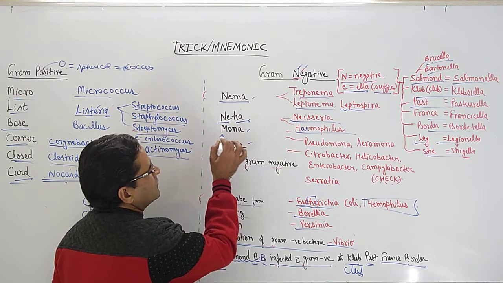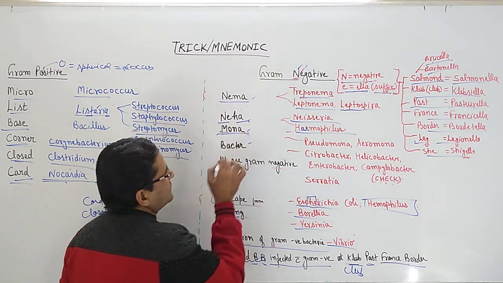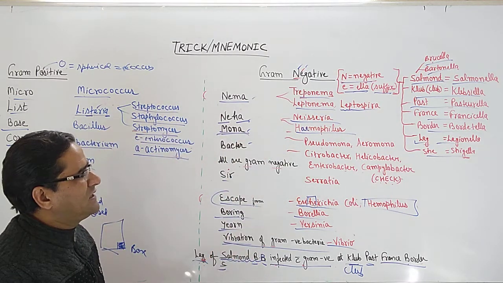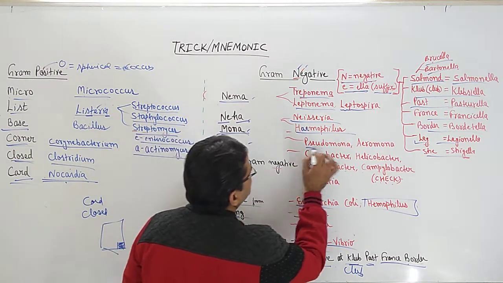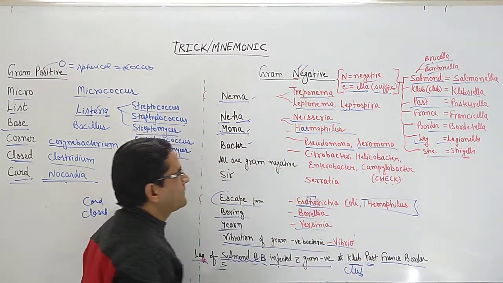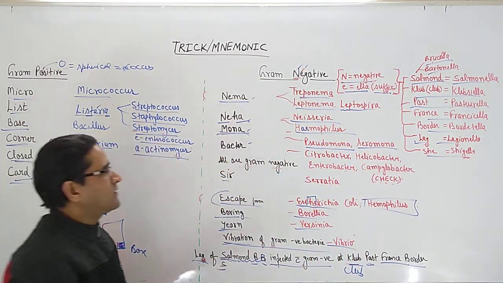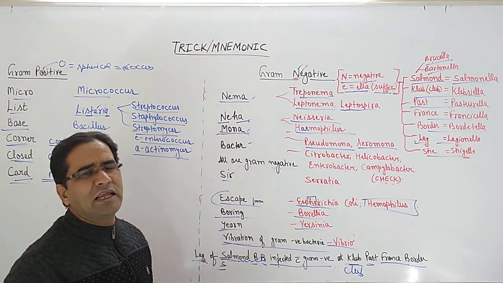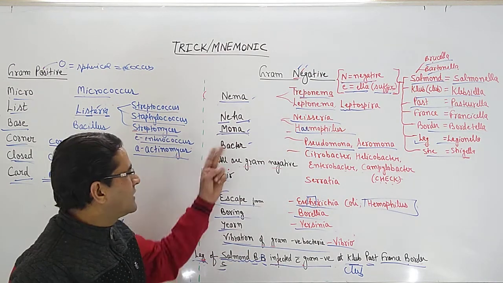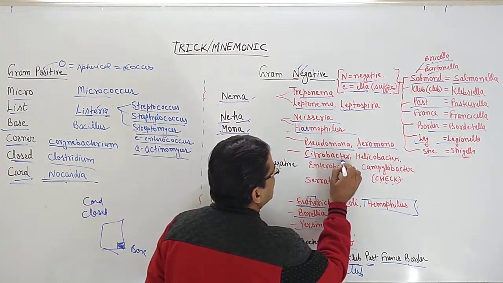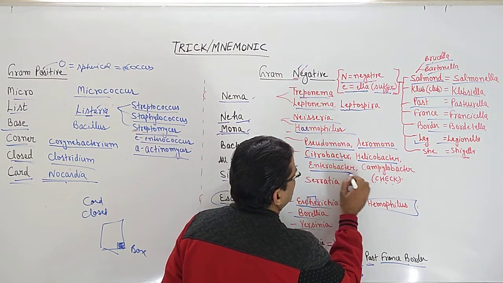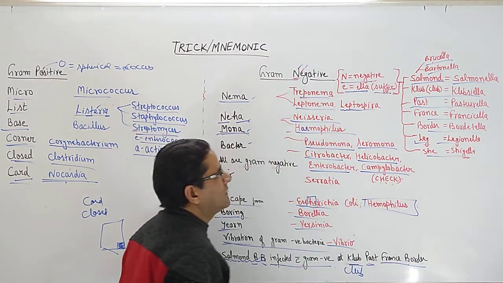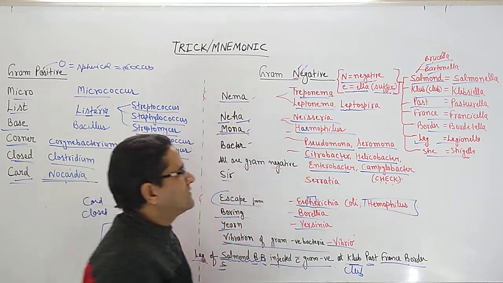Then next, Mona. In which names of bacteria does it come? Mona, Pseudomonas, Aeromonas. Then Bacter, again we will find the names of bacteria in which this word comes: Citrobacter, Helicobacter, Enterobacter, Campylobacter. Now check this.